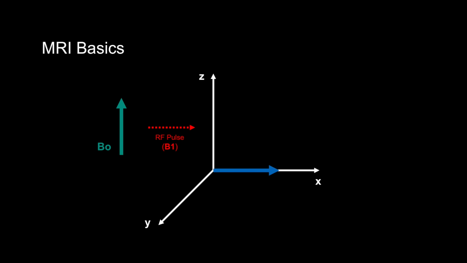One, it's going to tilt the net magnetization vector into the XY plane. And two, the protons are going to precess in sync with each other, so the entire net magnetization vector is precessing in the XY plane, as illustrated here.